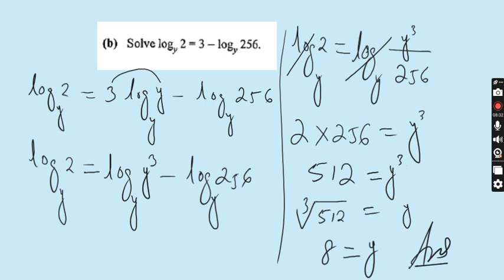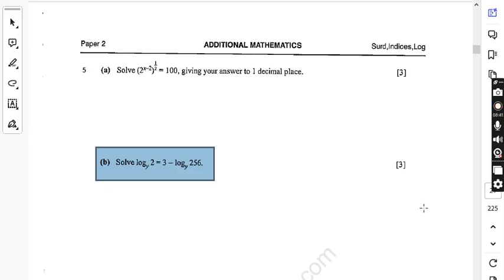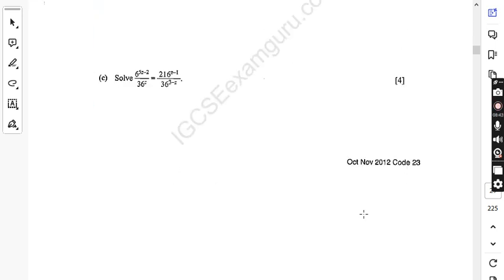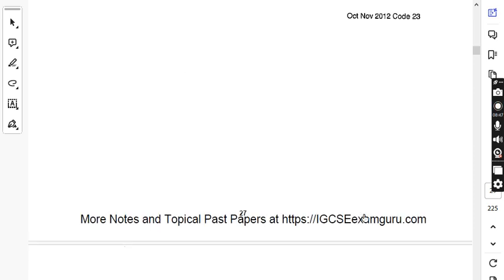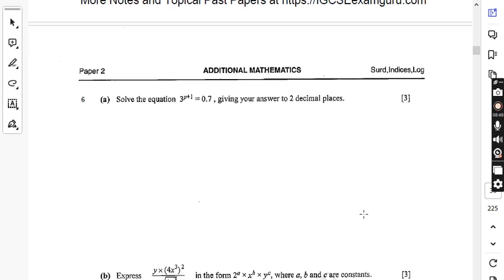So students, this is the question which came in October-November 2012, paper 2-3. Now move to next question.